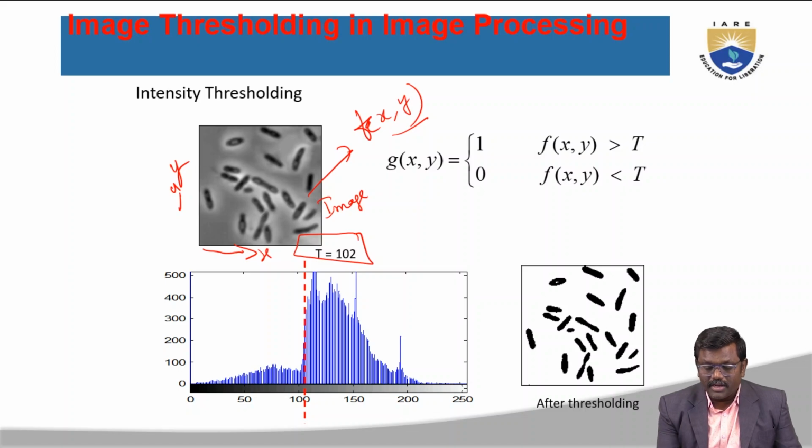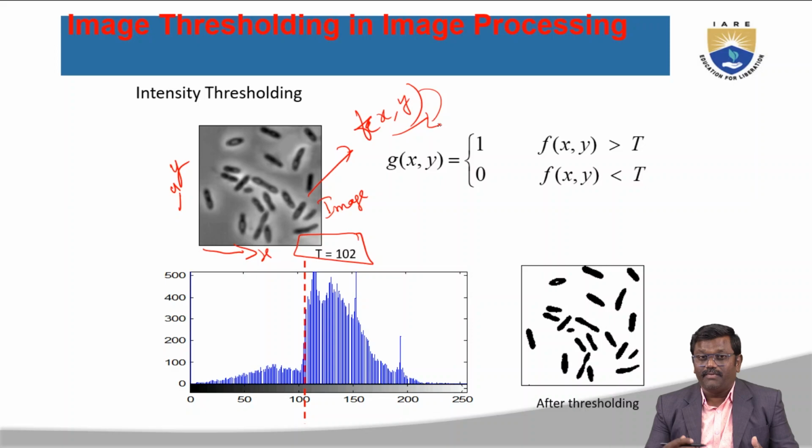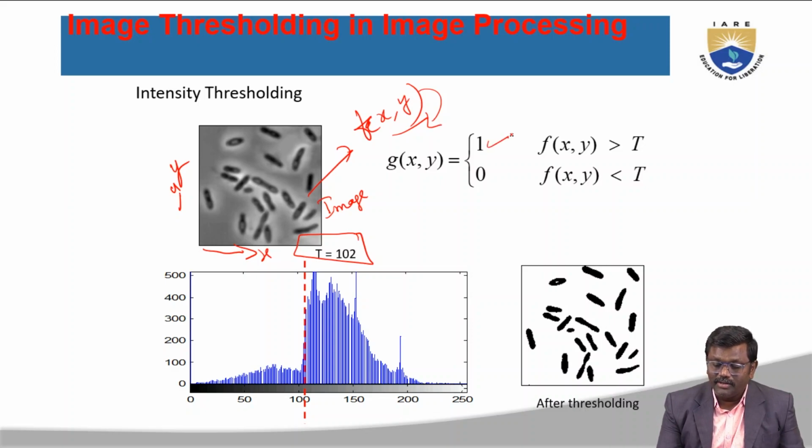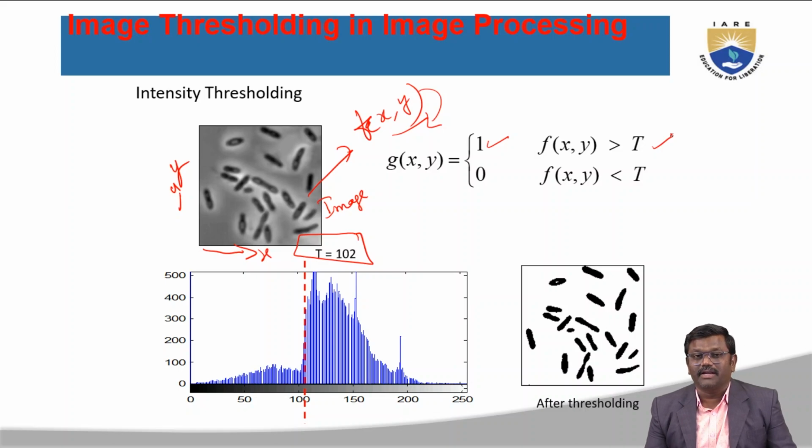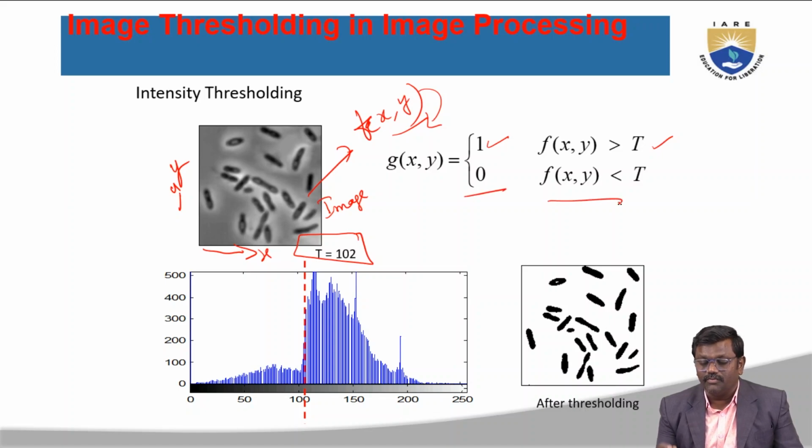Let me take converting f of x comma y to g of x comma y. That is, g equals 1 when the value is greater than the threshold t. When it is not greater than t, then it is automatically 0. That is what we fix.